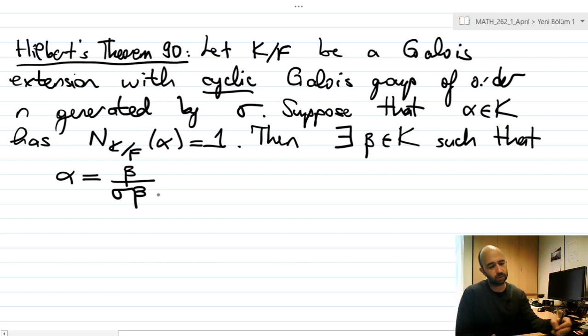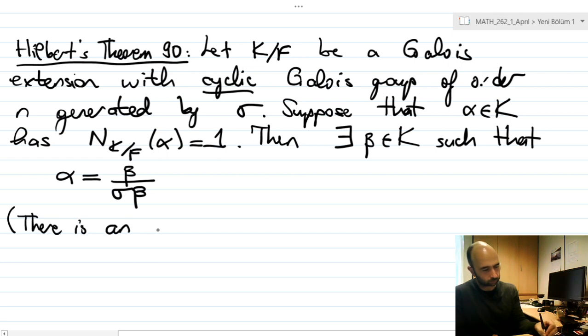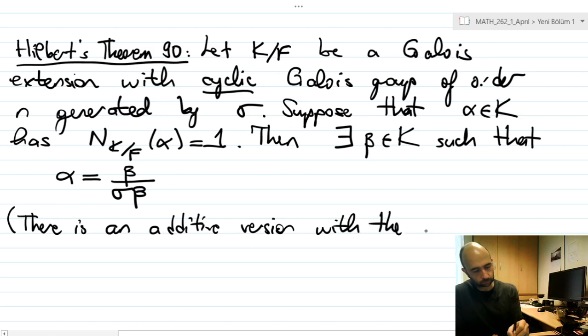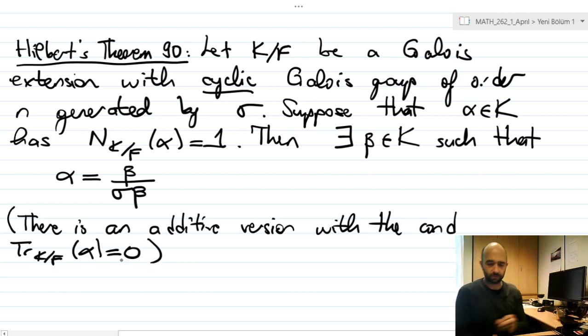I mean, we know that all these elements have norm 1, but this is saying that's the whole story. Any element of norm 1 can be written in this form for some beta. Maybe I should also comment, there's also an additive version with trace and the condition trace equals 0. You can easily figure out what it should be like.